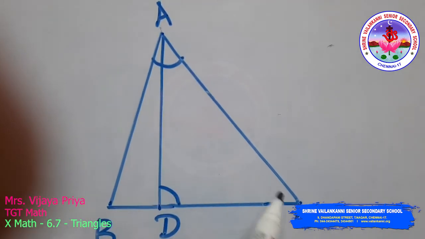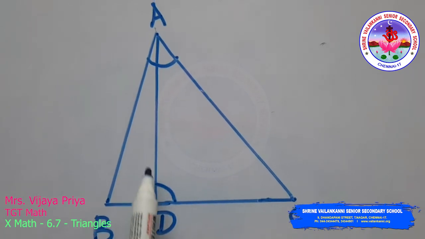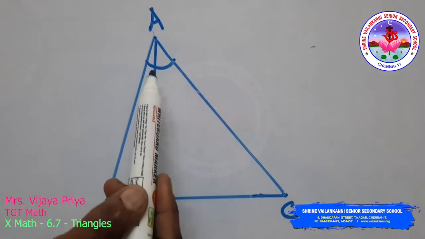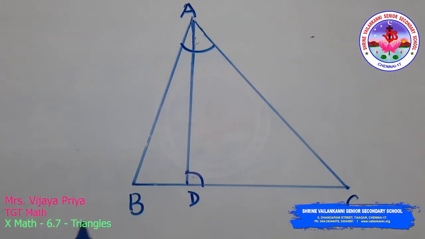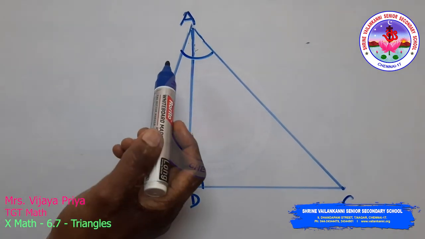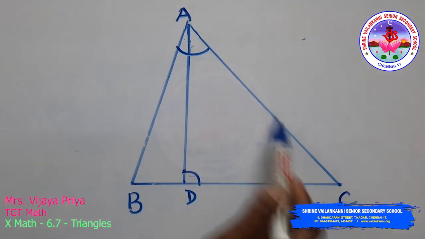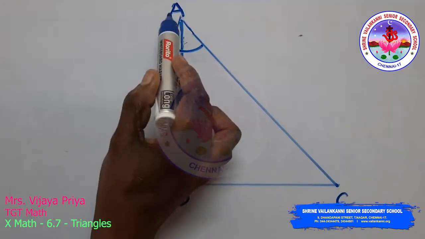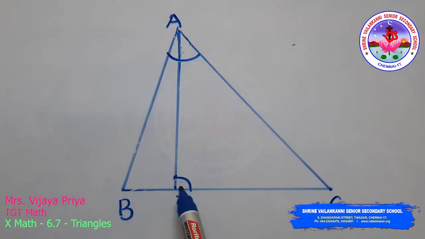So coming to the figure, he has given the triangle ABC and D is a point on the base BC, and he has given that angle ADC is equal to angle BAC. We want to prove that CA by CD is equal to CB by CA. Since these two sides are involved in the triangles ACB and DCA, I want to prove that the full triangle ACB is similar to triangle DCA.